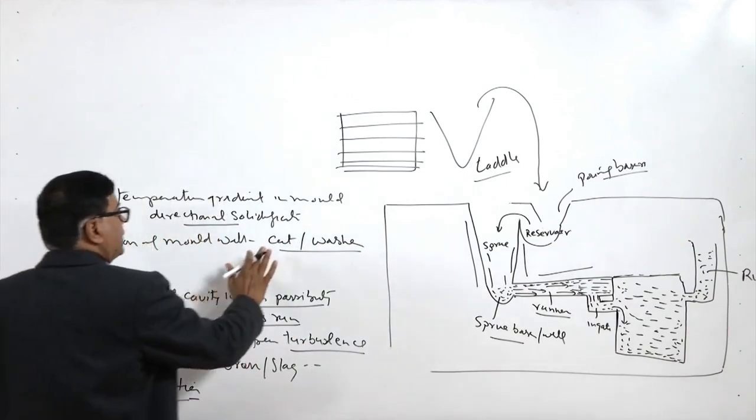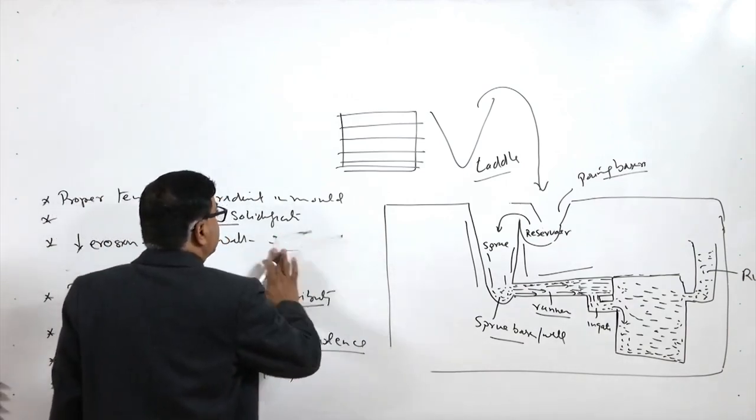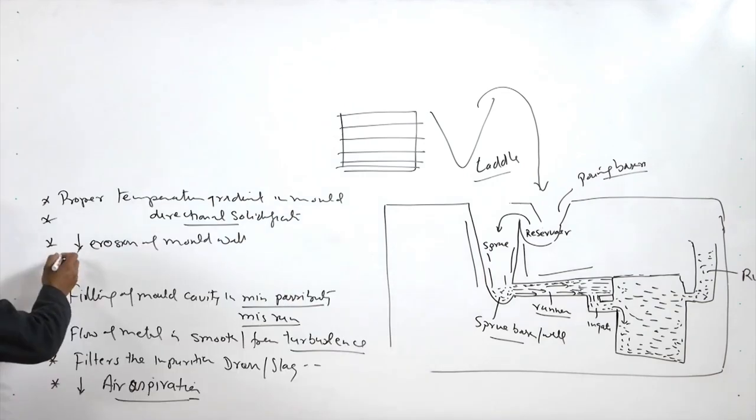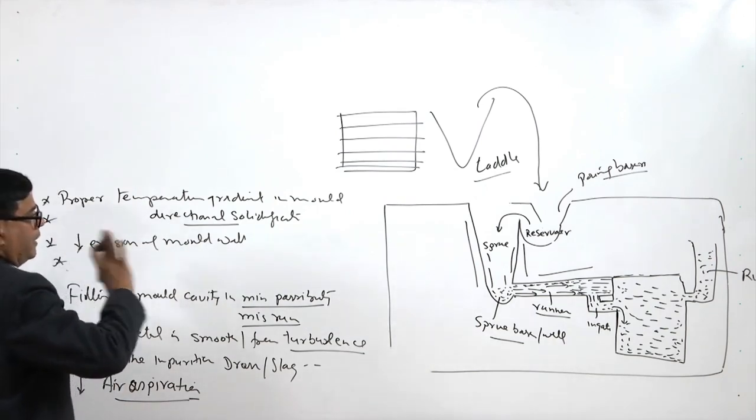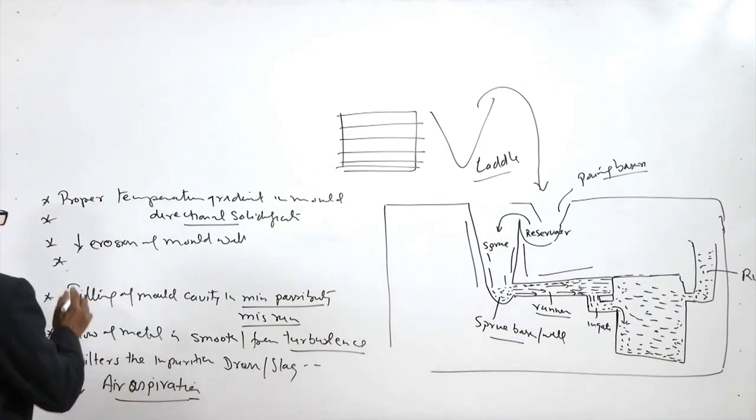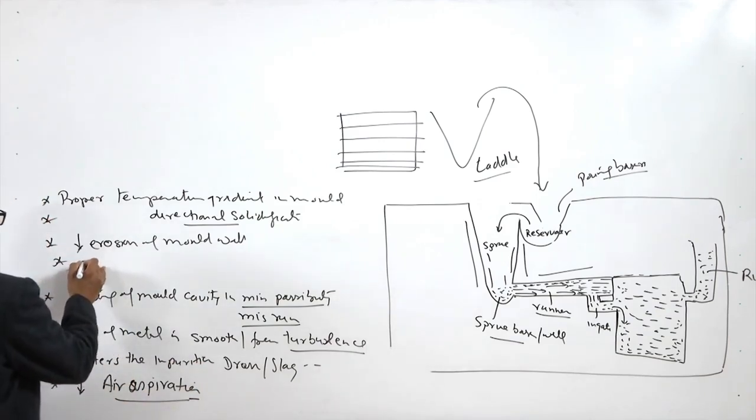So, to avoid this kind of defect tendency in the castings, the erosion tendency of the mold walls is reduced.